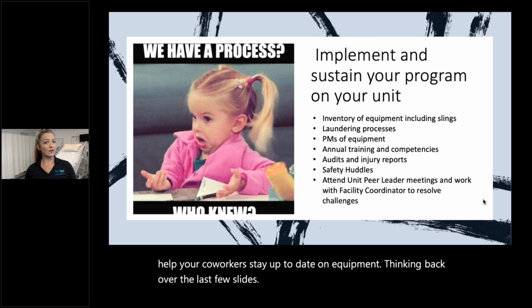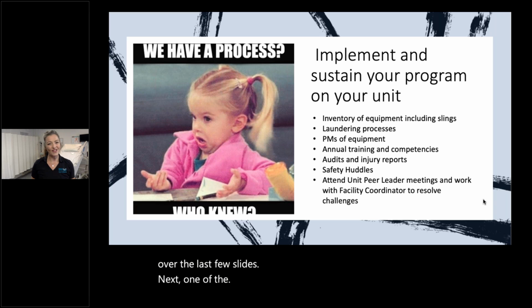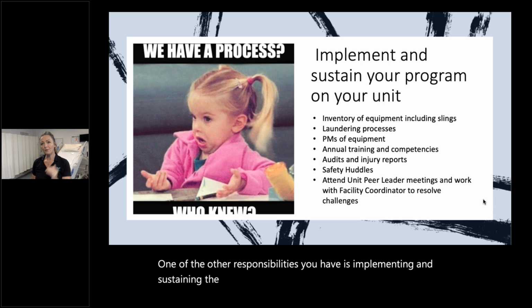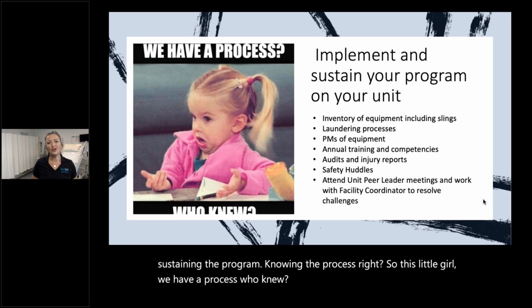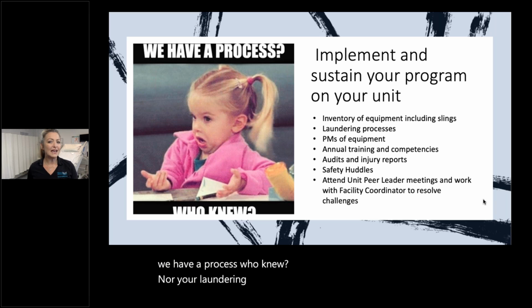Next, one of the other responsibilities you have is implementing and sustaining the program, knowing the process, right? So this little girl, we have a process, who knew? Know your laundering processes, PMs, annual training, audits, injury reports, safety huddles.